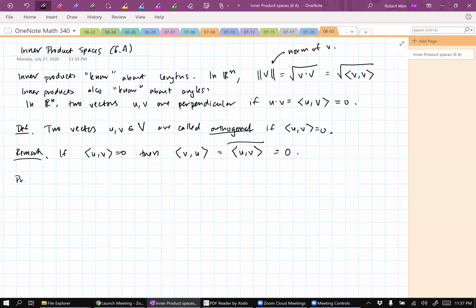So let's prove our first baby results about orthogonal vectors. One is that 0 is orthogonal to every vector in V. The 0 vector is orthogonal to everything. Also, 0 is the only vector which is orthogonal to itself.